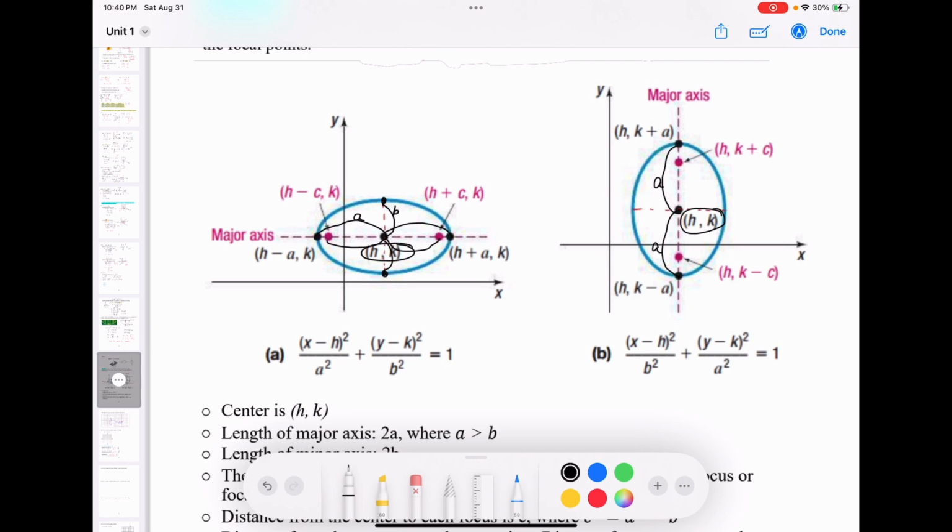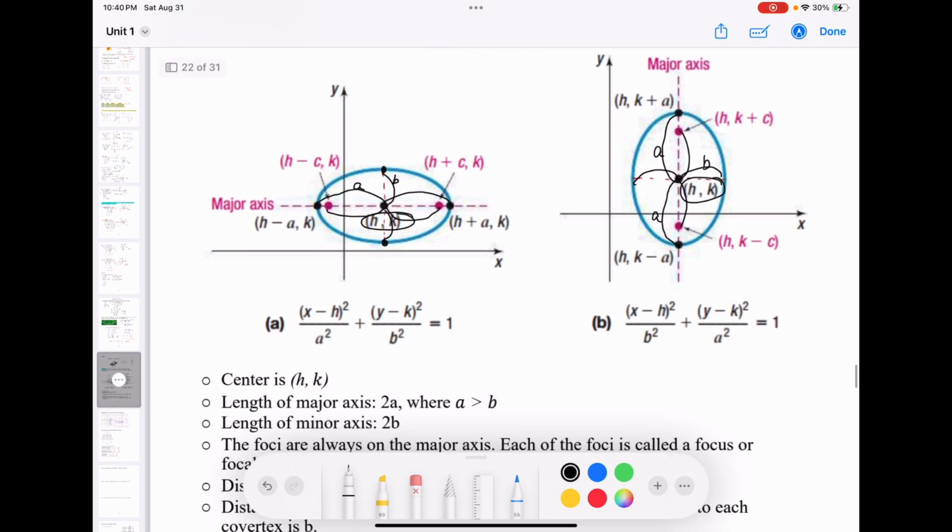Then we go up and down c units to find the foci, and to the left and right b units are our two co-vertices. So let's memorize that: a and c, that is, the vertices and foci, are all on the major axis.